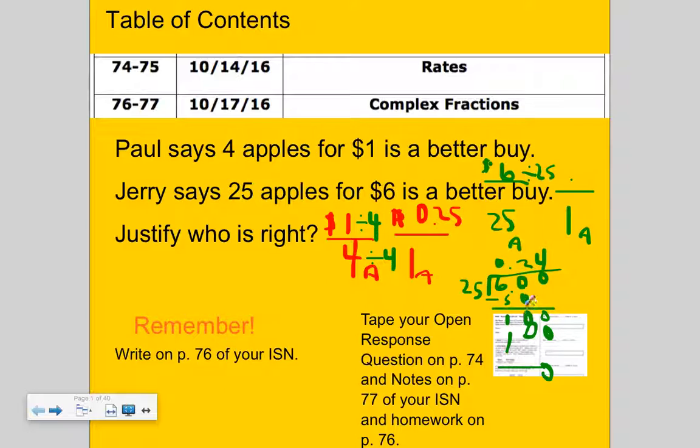So this is 24 cents for each apple. Paul pays 25 cents per apple, Jerry pays 24 cents per apple. So Jerry is definitely a better buy.